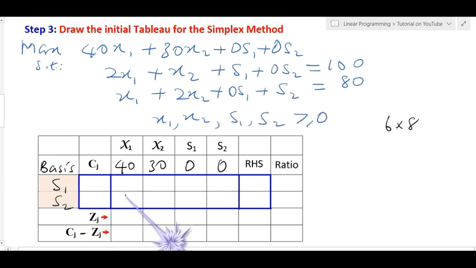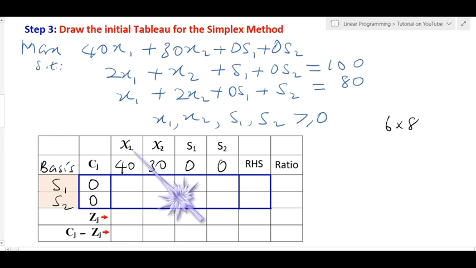Then coming down, this is the CJ column. The value of S1 in the CJ column is 0. The coefficient is 0. Put it there. For S2, the coefficient is 0 as well. Put it there. Then x1, this is the first constraint.